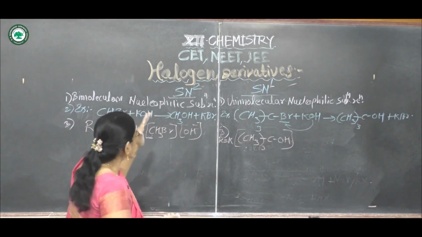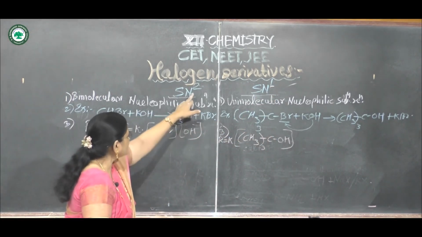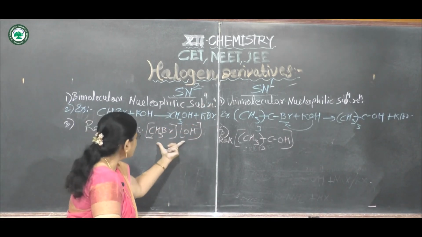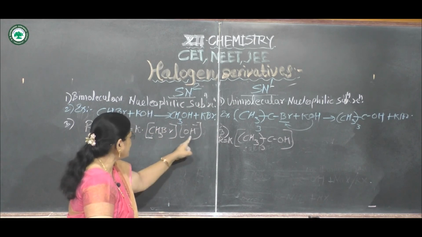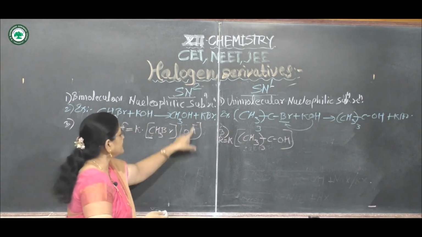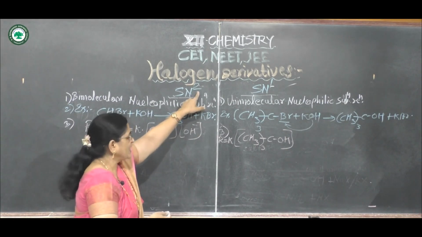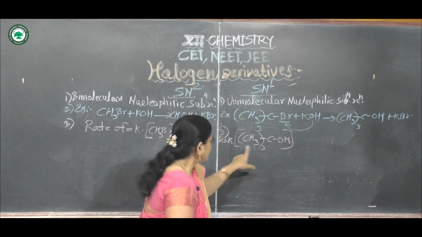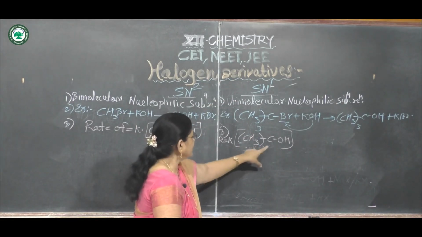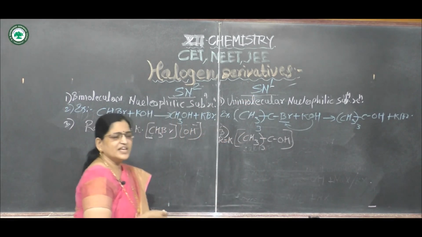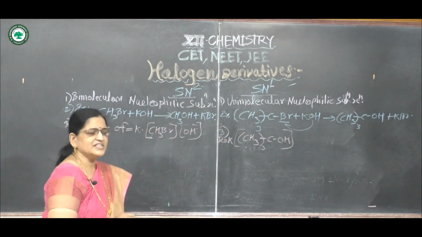Understand the difference between SN2 and SN1. 2 means it is a bimolecular reaction, meaning the rate of reaction depends upon two molecules, hence we write 2. And in SN1 reaction, it depends upon only one molecule. Which molecule? (CH3)3COH. Hence it is called SN1.